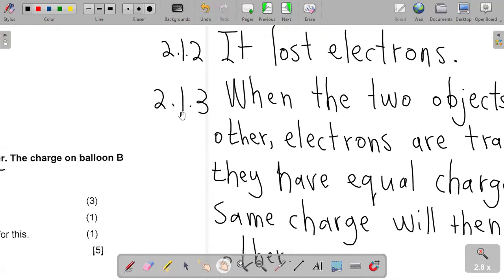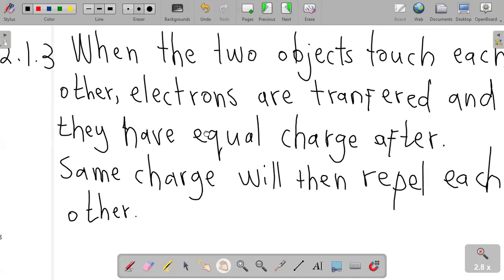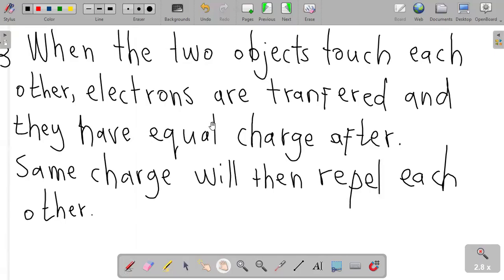So this is why: the two objects will attract, and then they will get to a point where they touch each other. When two objects touch each other, electrons are transferred and they have equal charge after. So same charges will then repel each other.